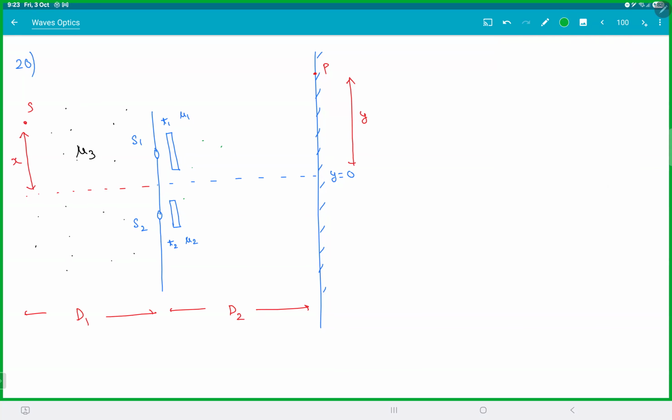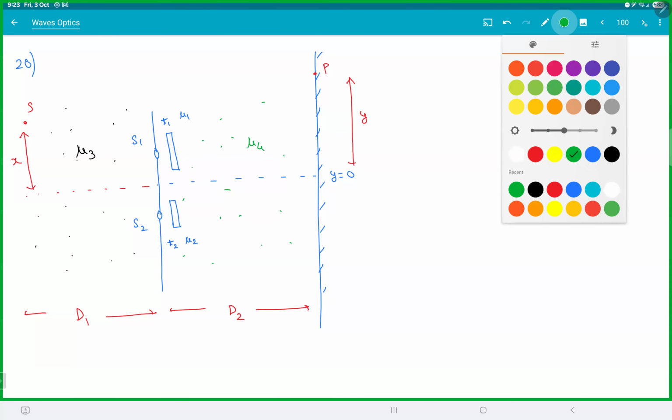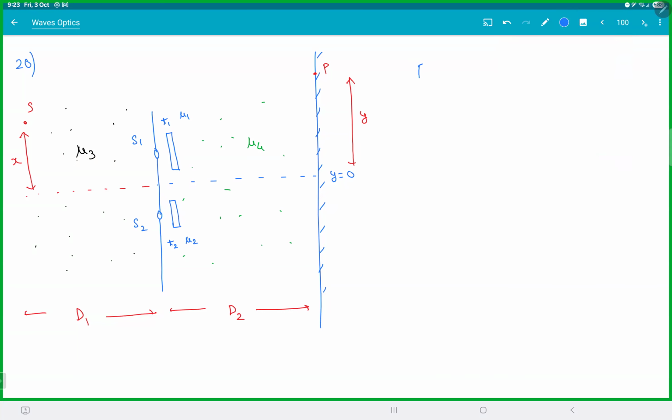This region on the right-hand side is filled with mu4. I messed up the medium on both the sides. This is a good one. This will be a good advanced question. Find intensity at point P. Basically, I'm asking path difference at point P. If you got delta x at point P, you'll get it. Let's see how you will handle this. And lambda vacuum is lambda naught.